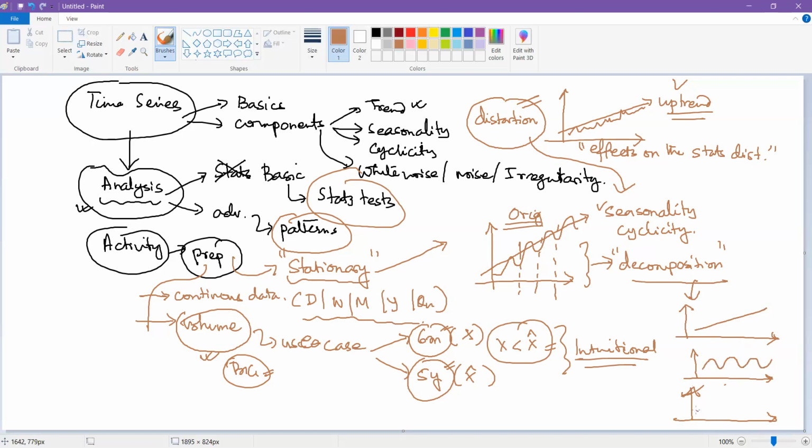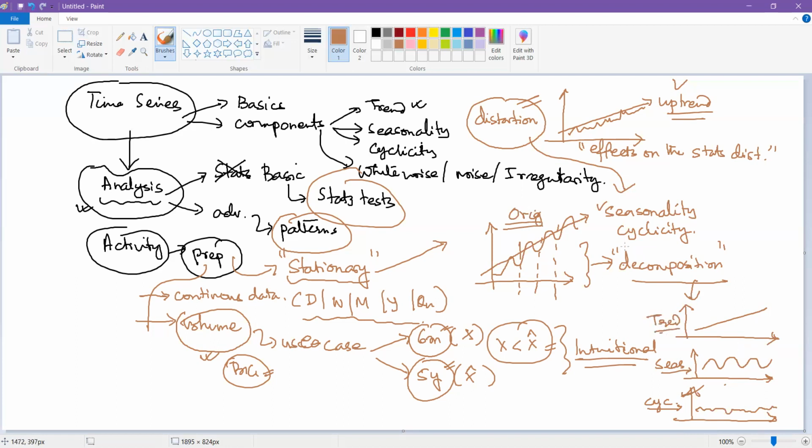In this case, there is no cyclicity, so it will be something like this, right? So this component shows me the cyclic nature of the trend. This component shows me the seasonality of the trend of a time series, and this one shows me the trend of the time series.